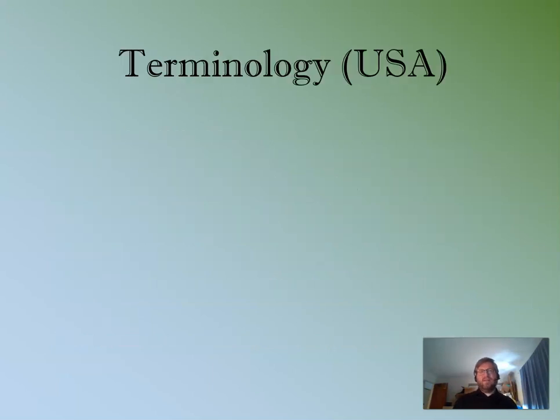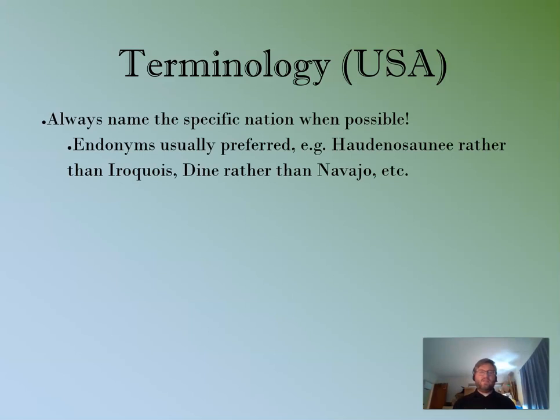So I want to start by giving you a little bit of the terminology that we'll end up using in the United States context. The first thing to remember is that when you're talking about a specific case, a specific set of people, a specific place, use the name of the specific nation rather than trying to use a general term. Name the specific group of people.